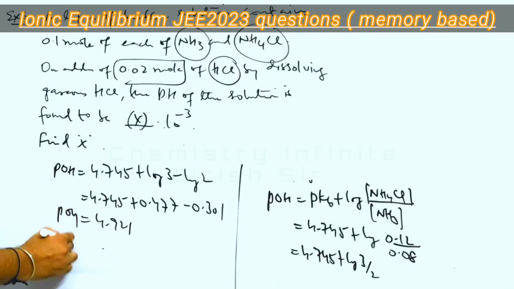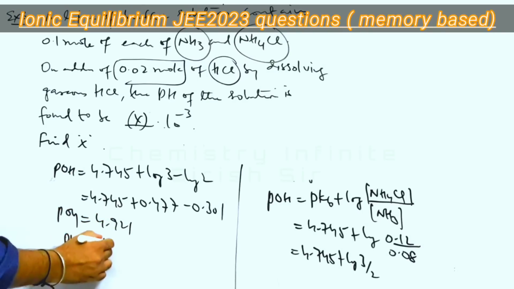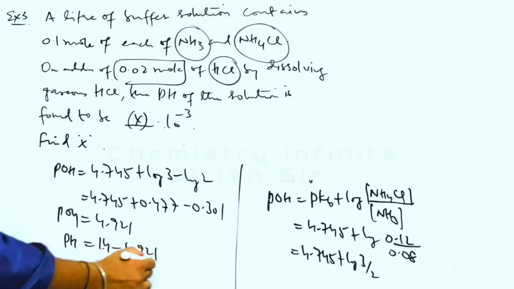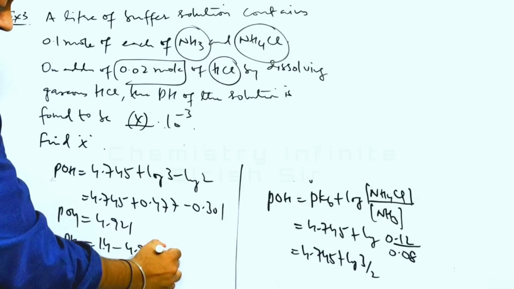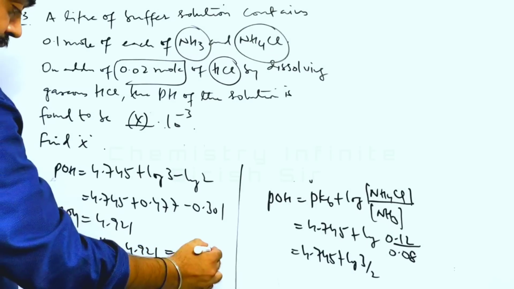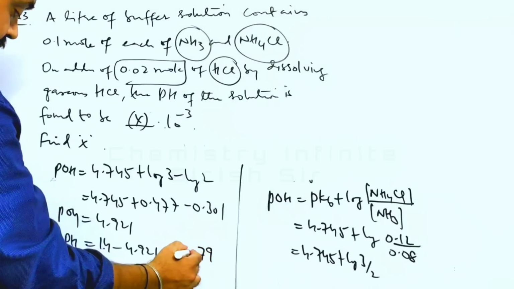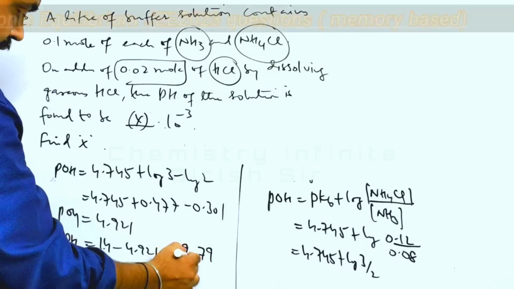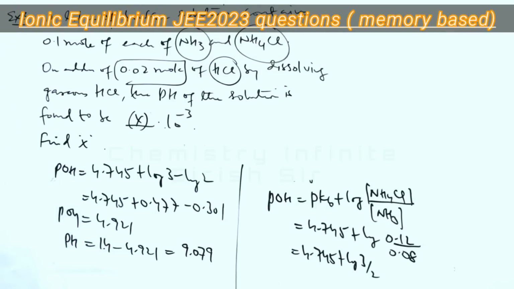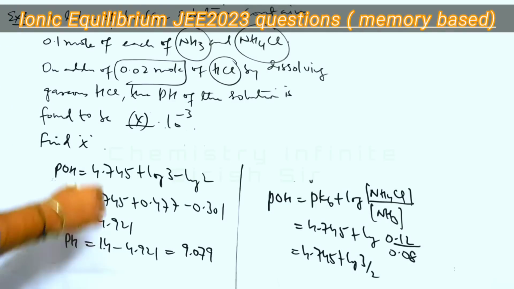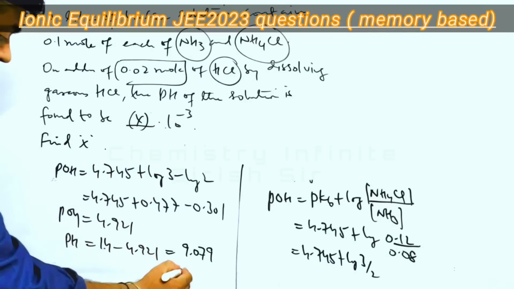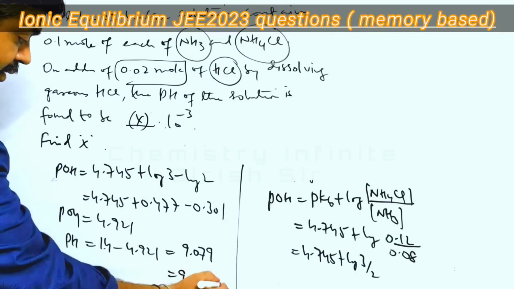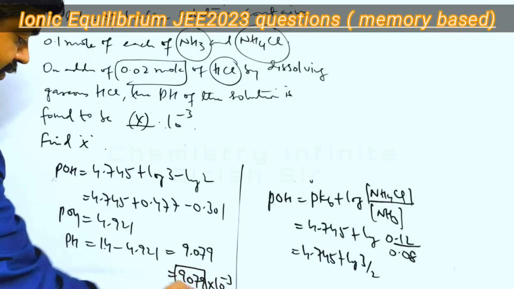You evaluate pOH like this, then pH should be equal to 14 minus 4.921. Okay, 14 minus 4.921 is approximately like this. We get pH. Now the question says it should be written in this format, x into 10 raised to minus 3, so I can write 9079 into 10 raised to minus 3. So this is the value of x.